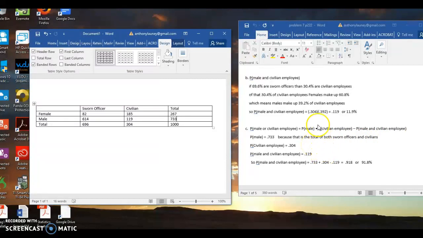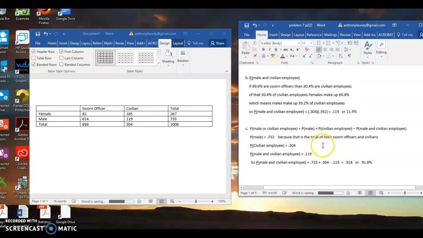Let's see, this should be a plus right there, because it says or.